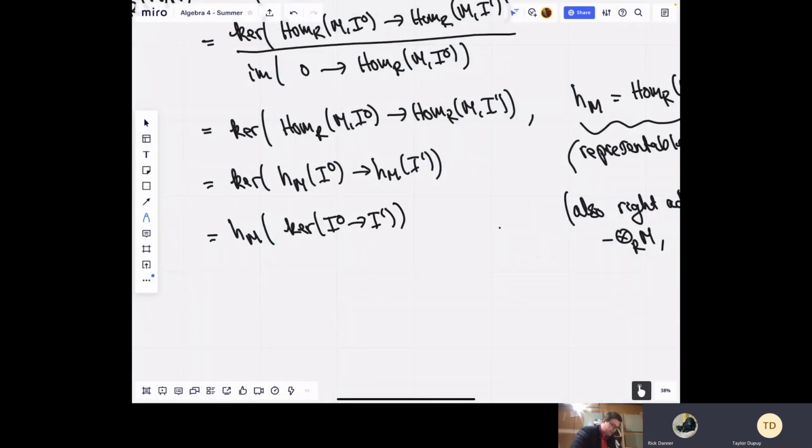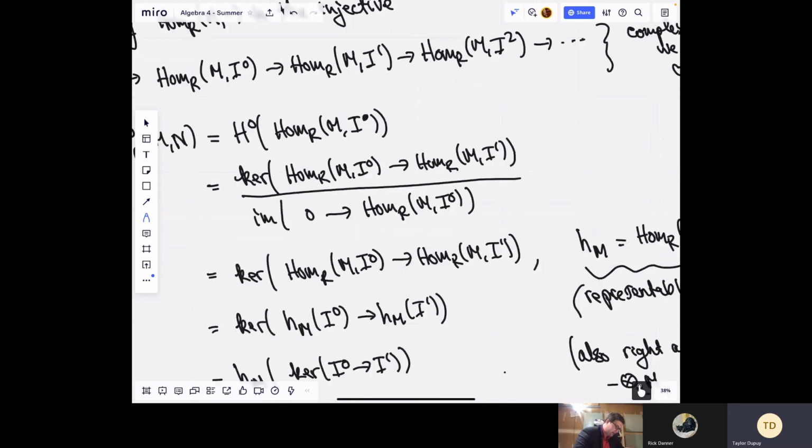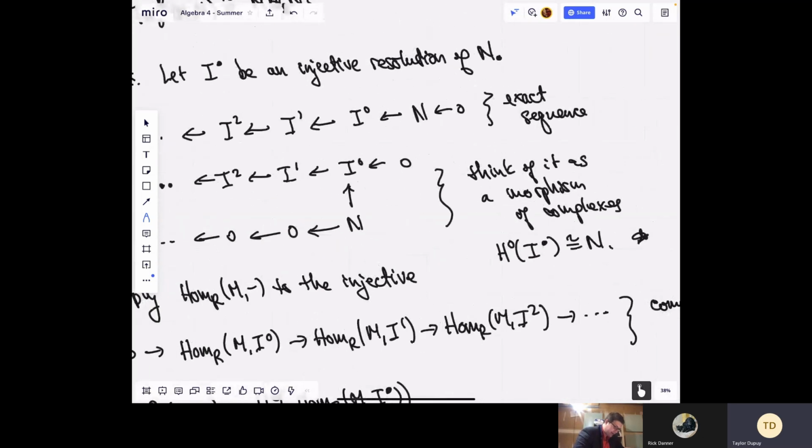The kernel is an equalizer between the zero map and the map that you have, and equalizers are limits. So I just commuted the kernel with the functor because it preserves limits, and then we just talked about the kernel, so that's by this exactness here.